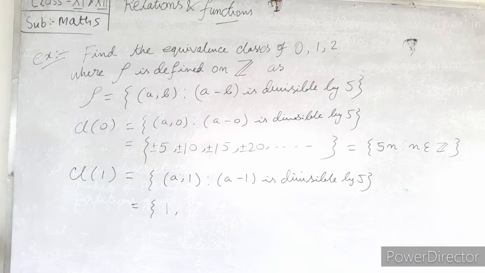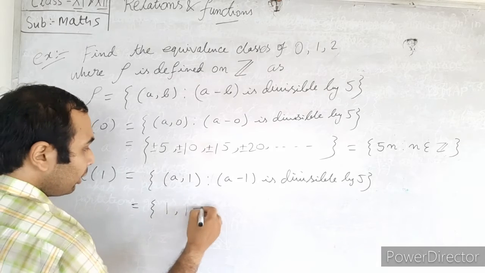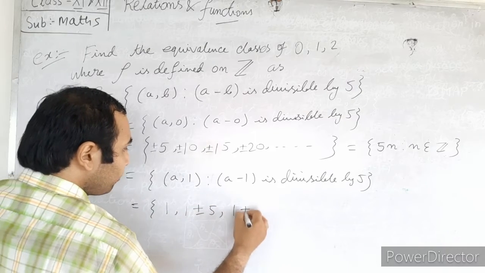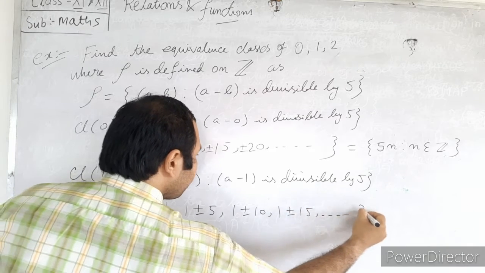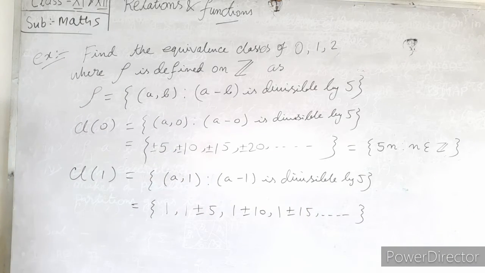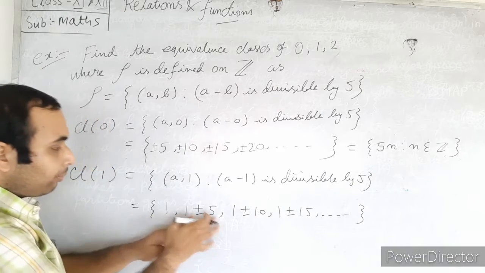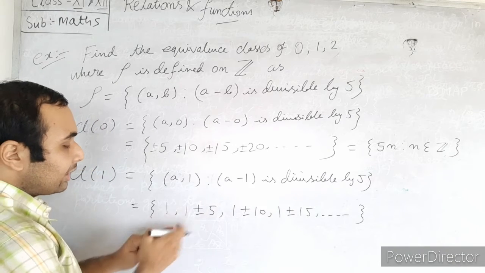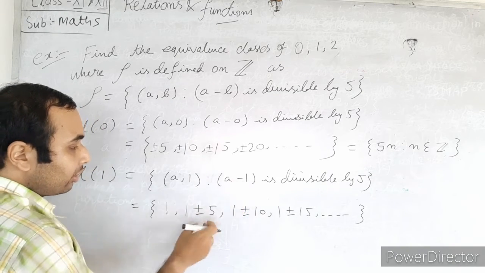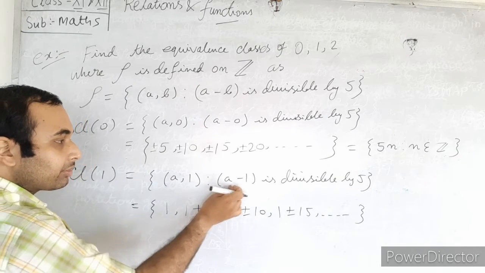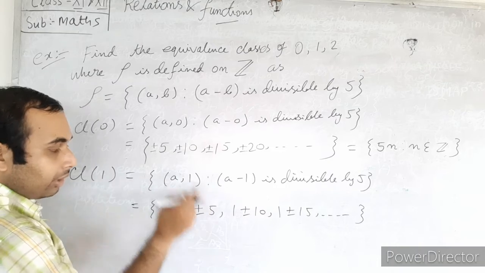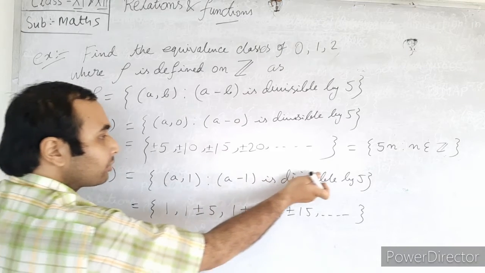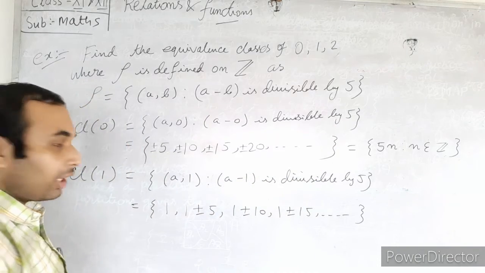Then 1 plus minus 5, 1 plus minus 10, 1 plus minus 15, and so on. Just see, 1 plus 5 is 6, 6 minus 1 is 5, which is divisible by 5. Again, minus 4 minus 1 is minus 5, which is again divisible by 5.